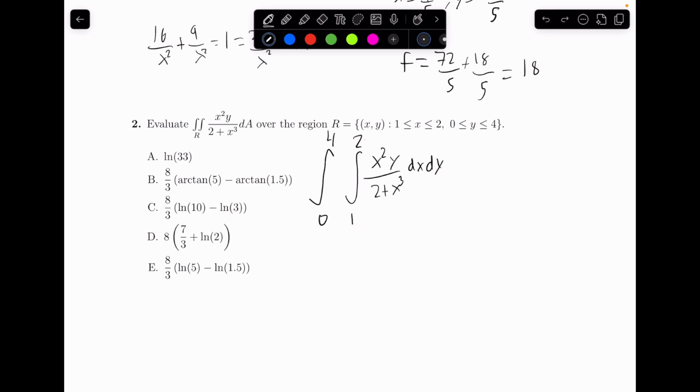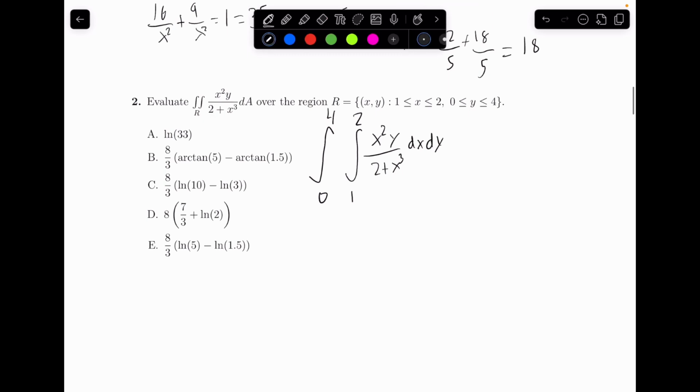If you had something like 2y in the bounds, you couldn't do what I'm about to say, because when you integrate x first, you'd get some value of y in it, so you can't split up the integral. But if the bounds are constants like this, you can.